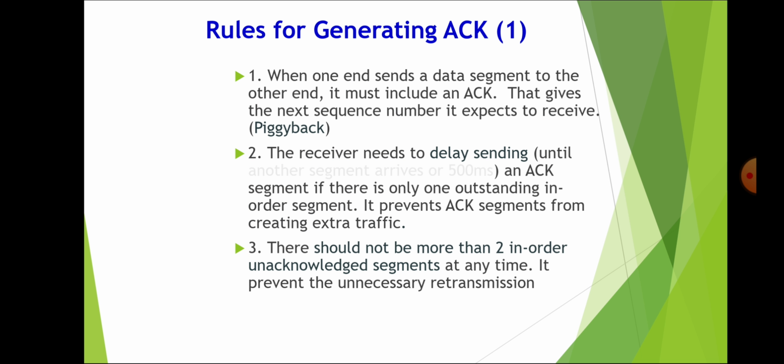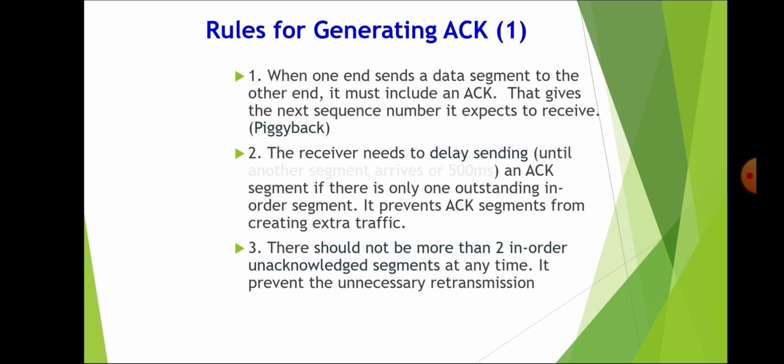Now, the rules for generating the acknowledgement. When one end sends a data segment to the other end, it must include an acknowledgement, which gives the next sequence number it expects to receive.